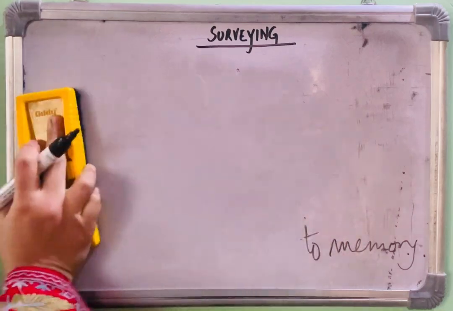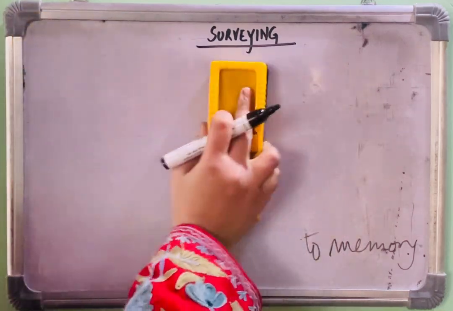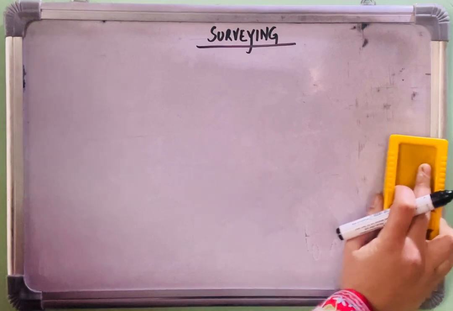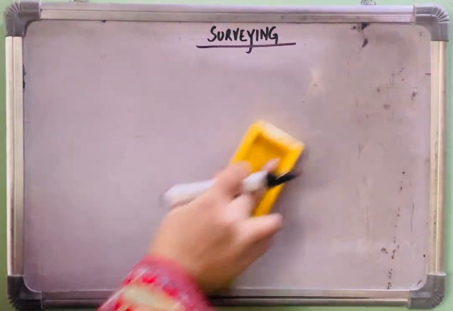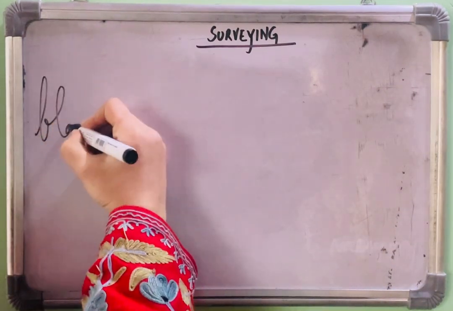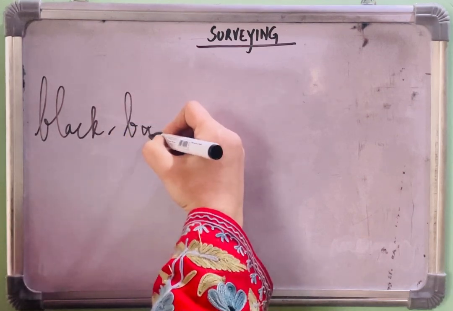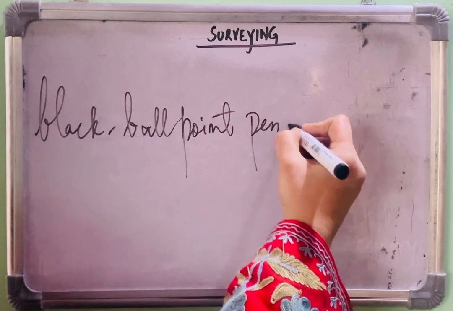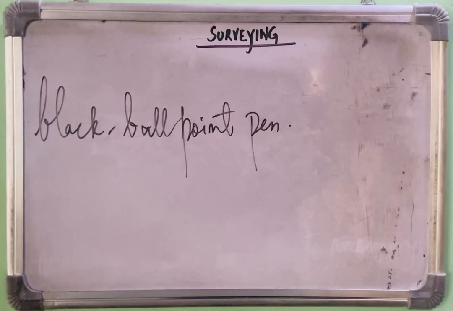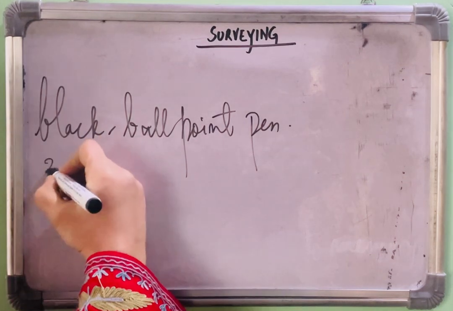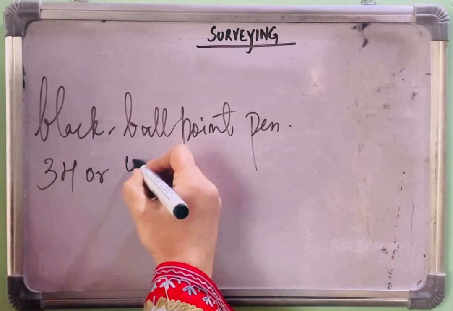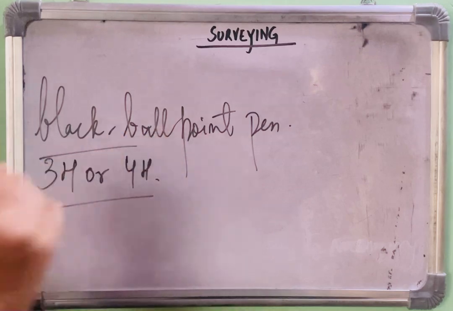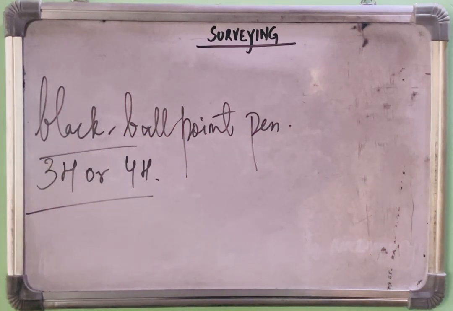To ensure permanency, we must record the entries in the field book by using a black ballpoint pen, or alternatively we can make the entries by using a hard pencil 3H or 4H so that a permanent impression is left on the paper, right?